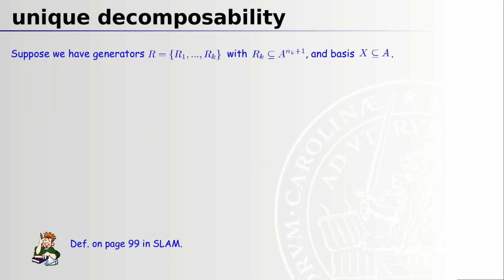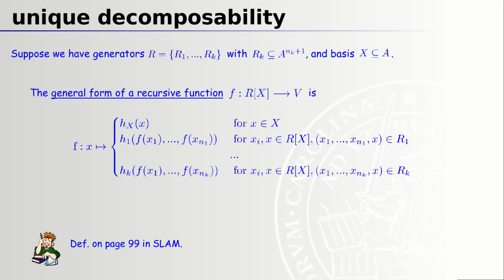Suppose we have a set R of generators and a subset X of A. Then this is the general form of a structurally recursive function definition over a closure of X under R. For it to be well defined, every value in its domain must, quote unquote, match exactly one case, which, if you look at the case conditions, means that every value can only be constructed by one rule from a unique combination of other values in the closure.